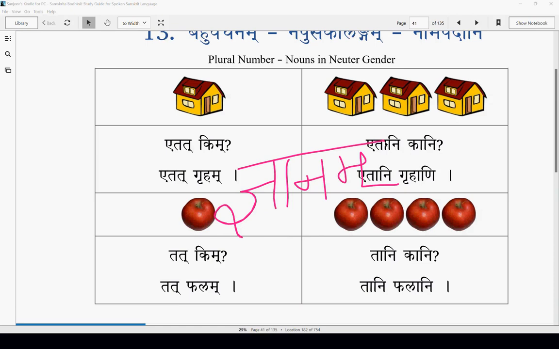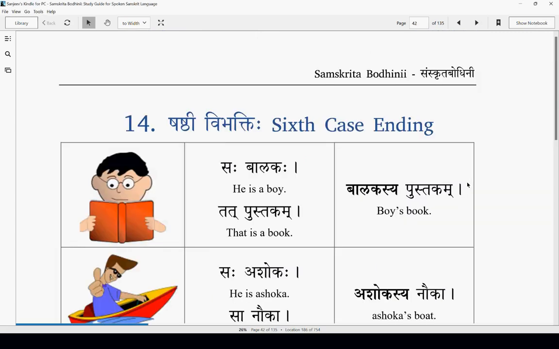Shakatam, cart, Shakatani. Vimanam, Vimanani. So that's all easy, I think.